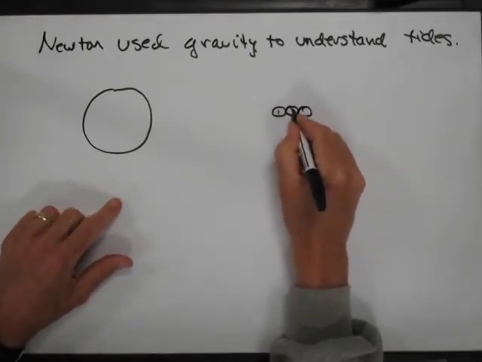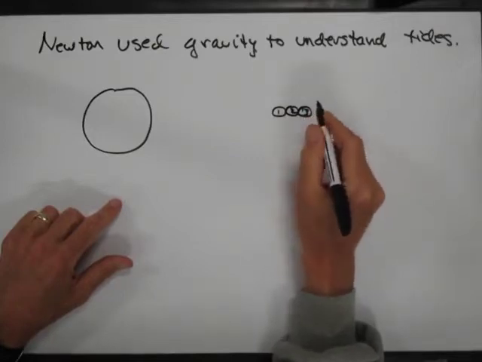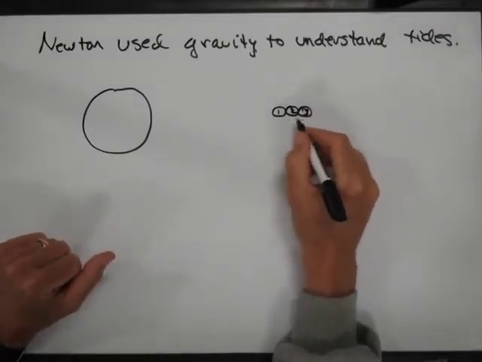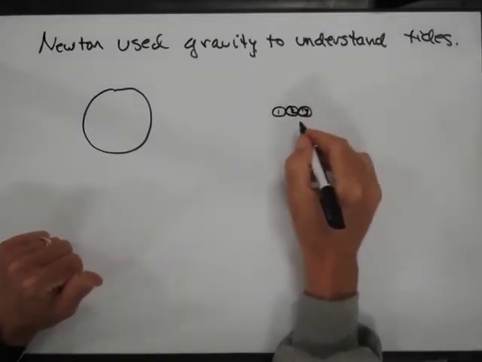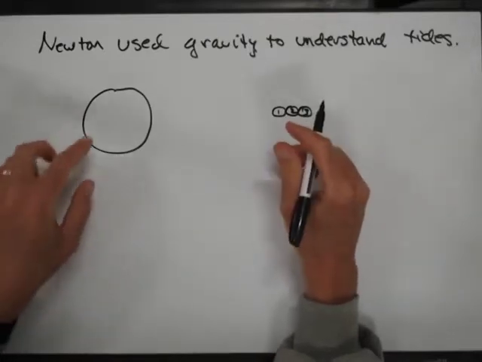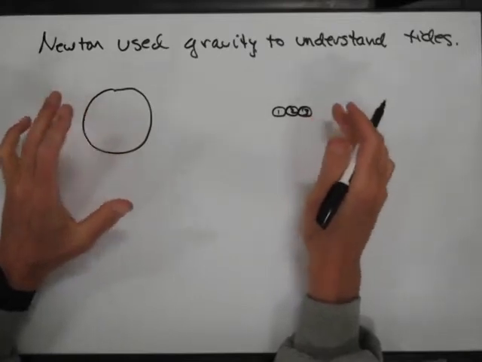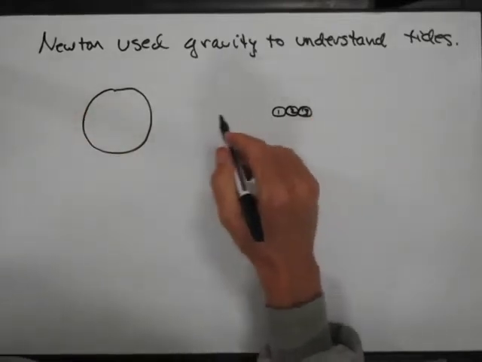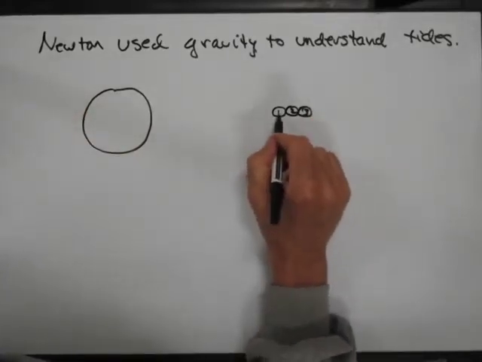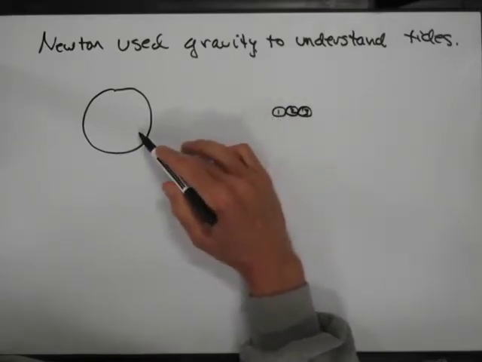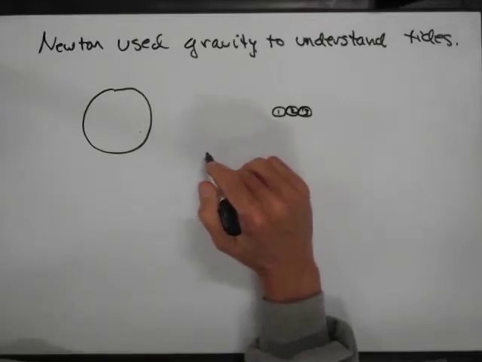I'll number them. They can be billiard balls or marbles or anything large, as long as they're very small compared to this. These could be boulders or something. And so I'm going to ask you, which of these experiences the greatest gravitational force due to this guy, or are they the same?